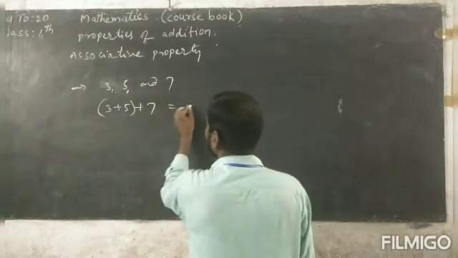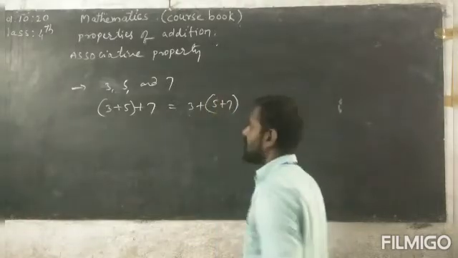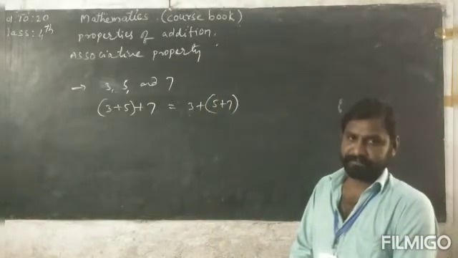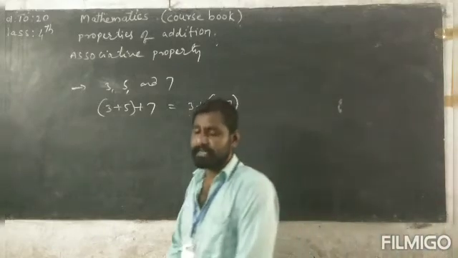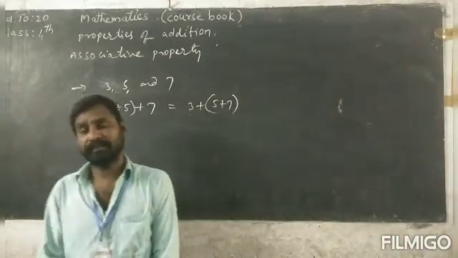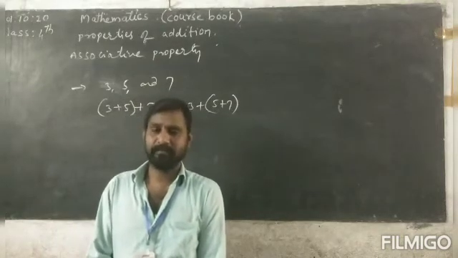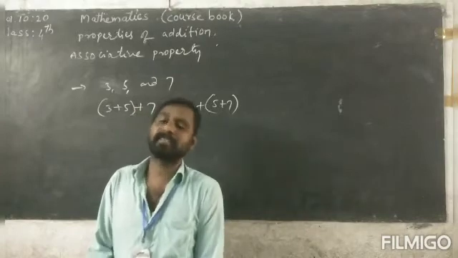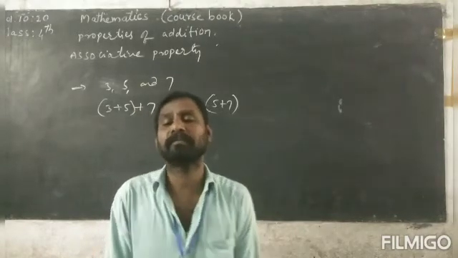Interchange means you can write 3 plus 5 plus 7. Listen carefully. When 3 numbers are added, even if they are interchanged by grouping, the sum remains same. This is called as associative property.